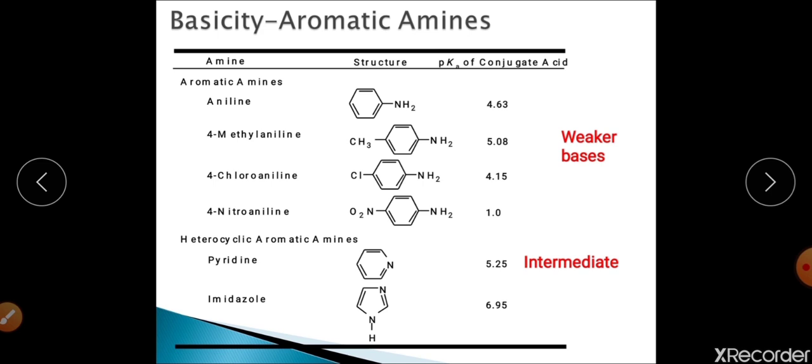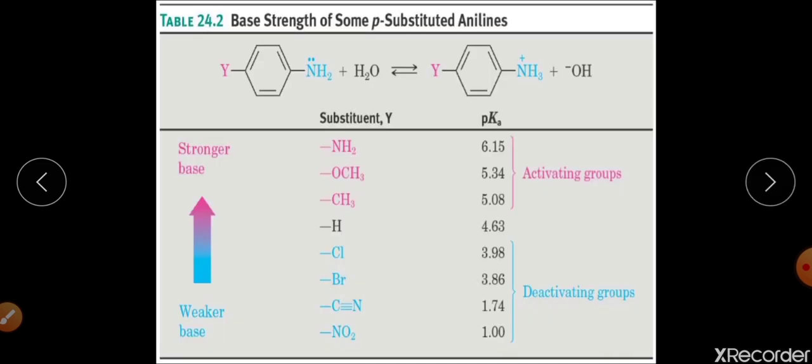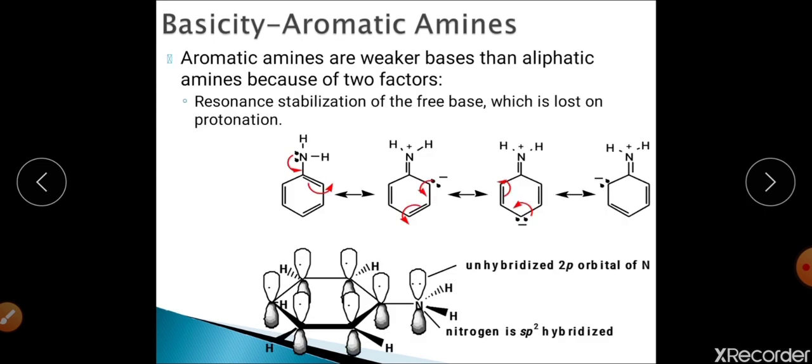When we are talking about the basicity of the aromatic amines, at that time we have a fact that aromatic amines are less basic in comparison to aliphatic amines, and the reason for its lower basicity is the delocalization of this particular lone pair of electrons which is present on the nitrogen into the benzene ring.